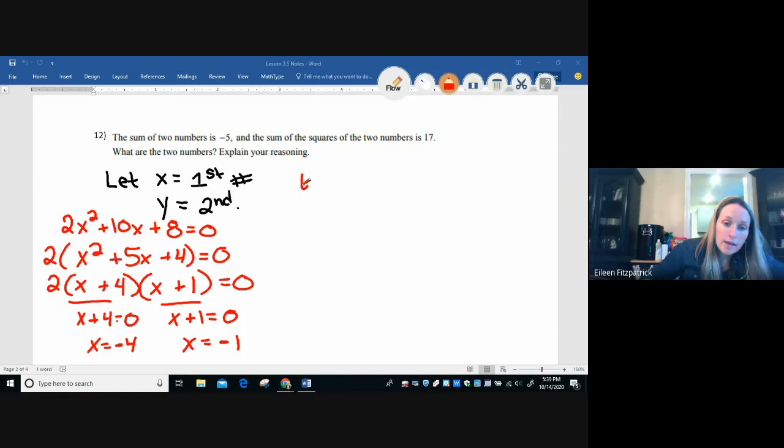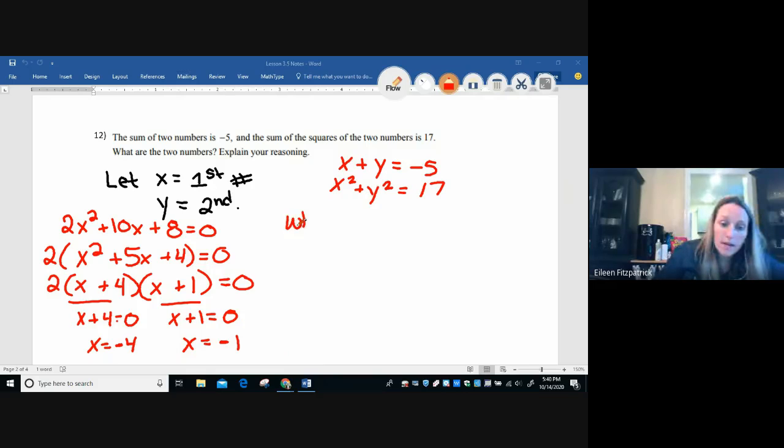Okay. All right. So when I erased my equations, I was like, where did my equations go? Hold on. Let me write those equations back up that we had at the beginning. So my two equations, two relationships were x plus y equals negative 5 and x squared plus y squared equals 17. Okay.